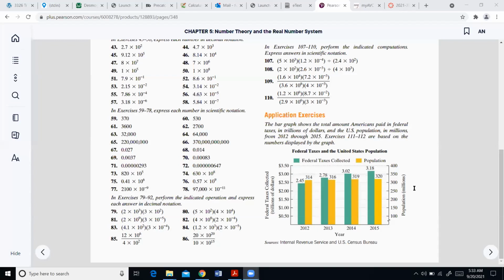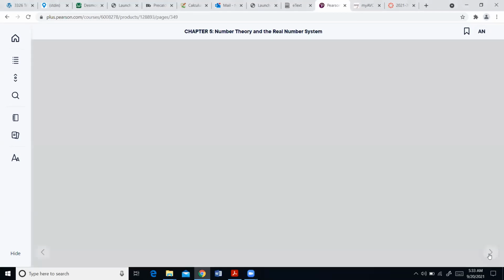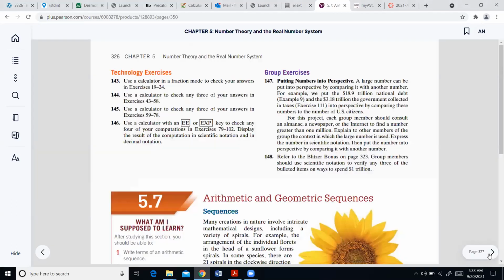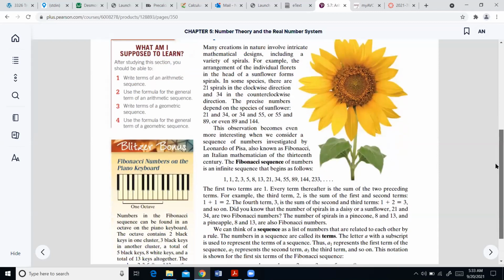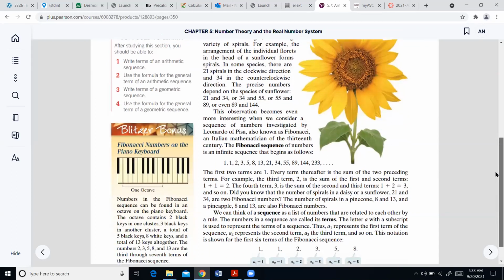More exciting, we'll deal with so-called sequences. So it's the next section, that's where I'm going to. We'll skip the exercises that we usually skip.